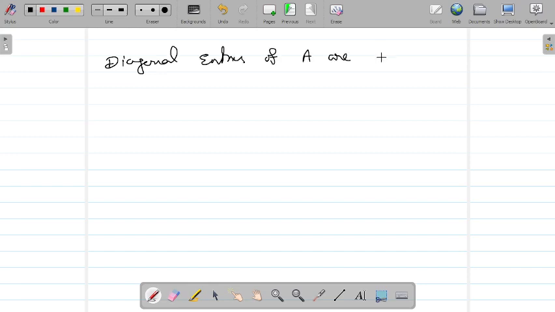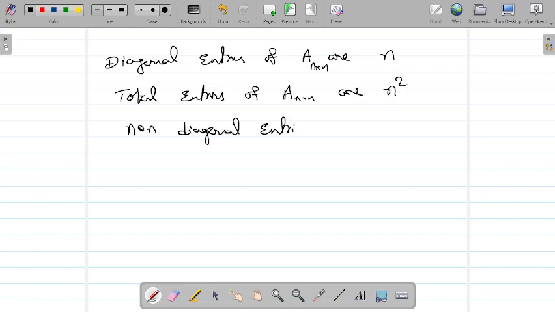Okay, and what are the total entries of A? Total entries of A, these are n square. Okay, so now I'd like to see what are the non-diagonal entries. So for non-diagonal entries, you just take the total elements minus the diagonal entries, that is n square minus n.